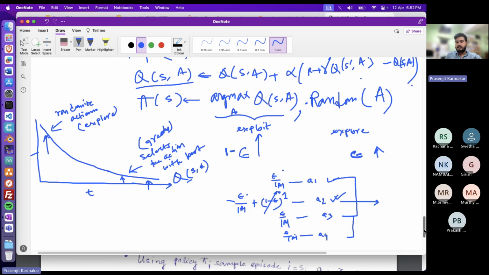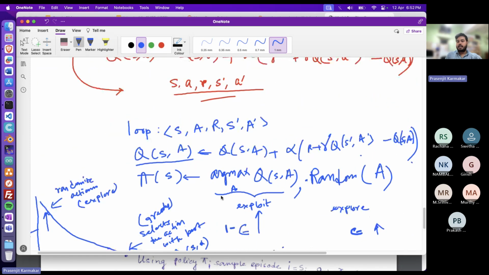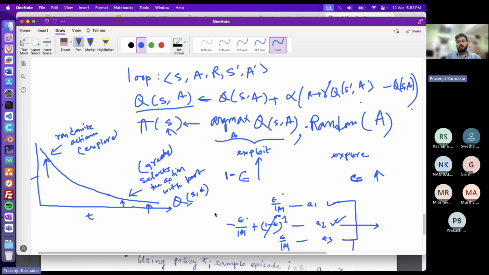So that's the entire logic. If I just do this, my policy would get updated step by step for every state. And as we play along with the environment, I have to play a lot of games. Let's say I play for 10,000 or 1 lakh interactions.